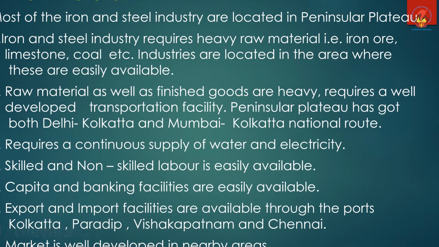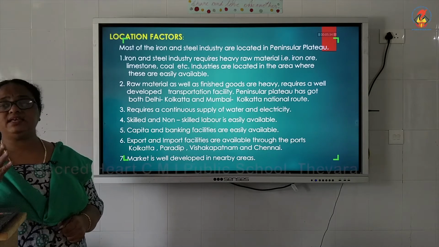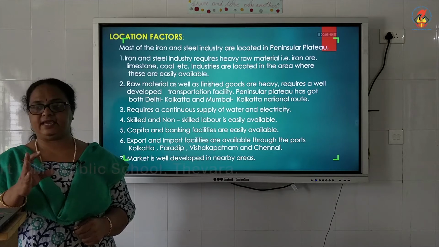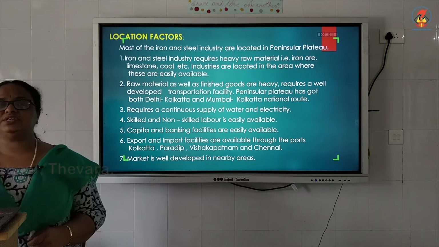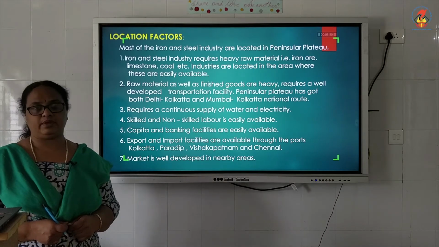The iron and steel industry requires heavy raw materials like iron ore, limestone, coal, etc., and industries are located in the areas where these raw materials are easily available.